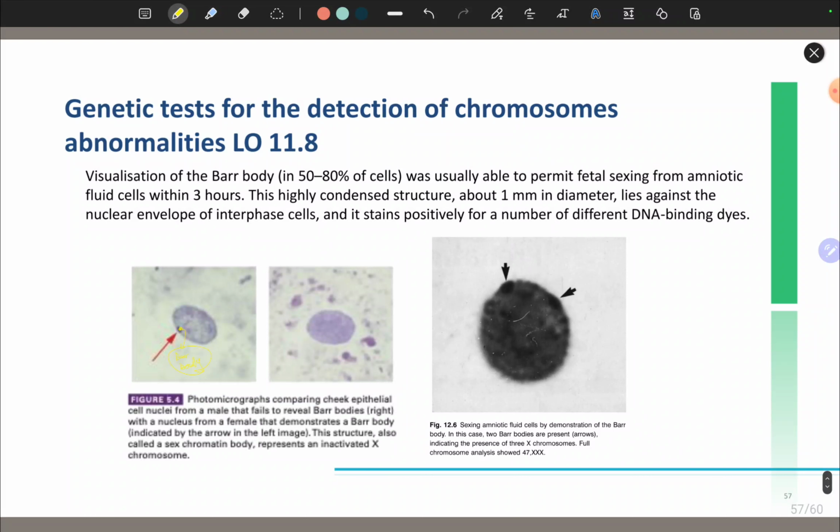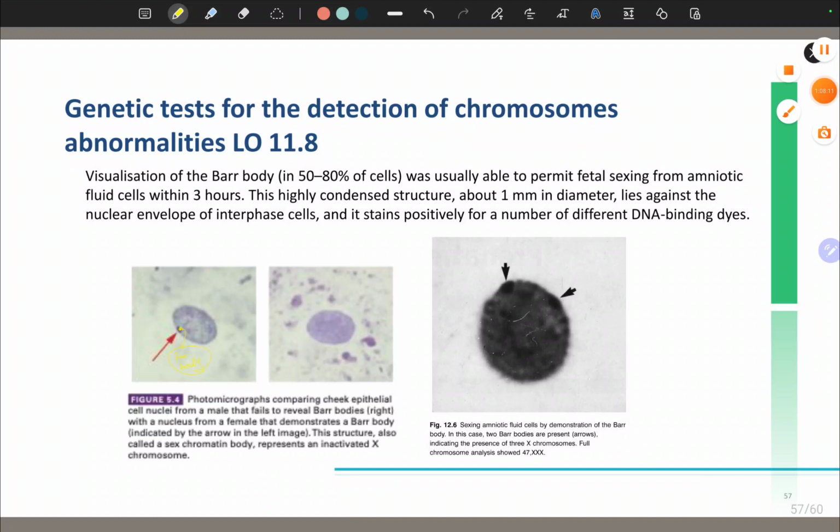So this is one method of sex determination. What are other methods in the early sex determination? Karyotyping. Karyotype, you take the chromosomes and you take a picture and put the X and Y chromosomes.